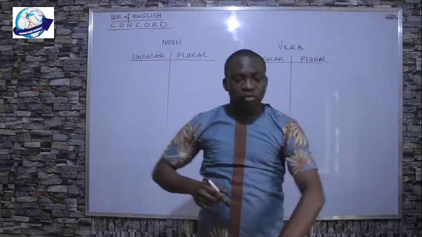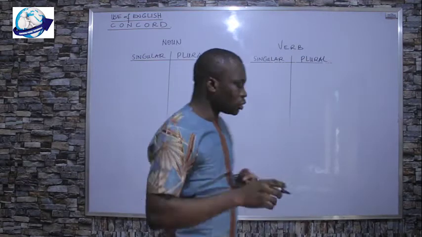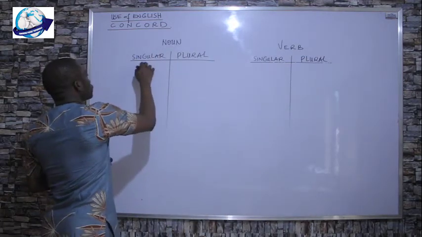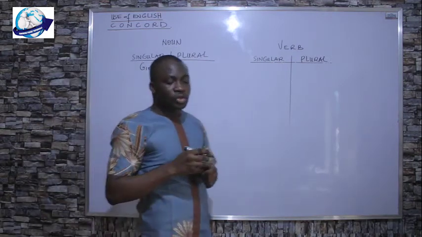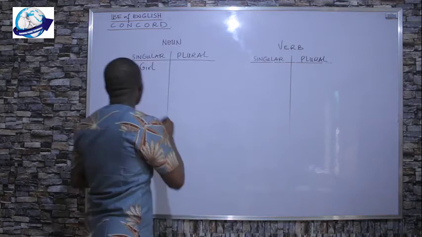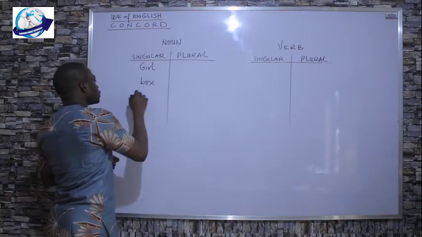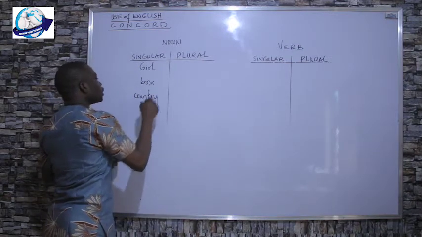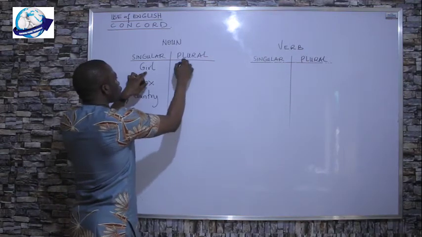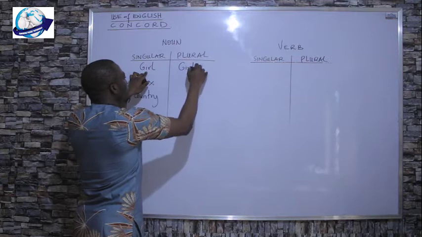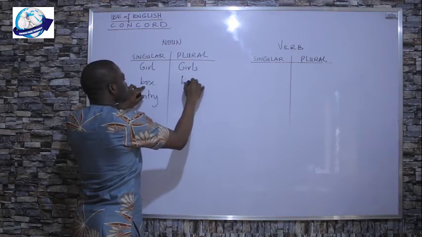So let's take a noun here. Take a noun singular. Let's say girl. Okay. And what can we take again? Let's take box. Let's take country. Okay. And then let's quickly help ourselves. Let's get a plural. This is girls. It's boxes.